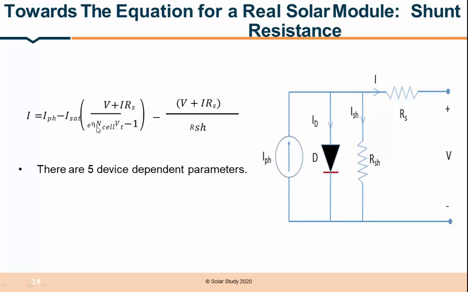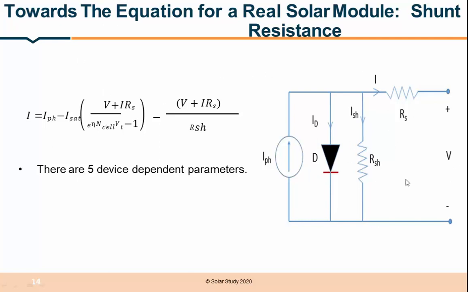I will tell you what this eta is. This is nothing but the ideality factor. To satisfy this equation, we include some ideality factor to get the actual current according to our requirement. So we have used this ideality factor.